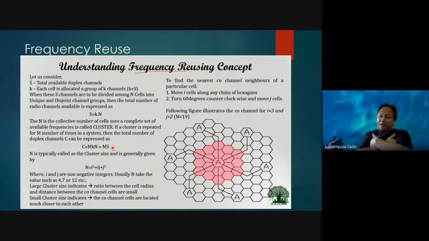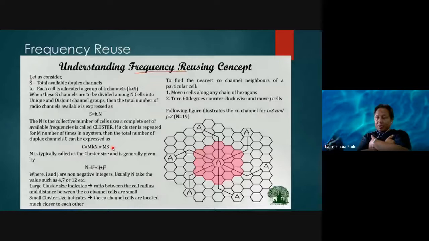A larger cluster size indicates that the ratio between the cell radius and the distance between co-channel cells is small. Co-channel cells means replicas, the reuse of the frequency in different cells. A small cluster size indicates the co-channel cells are located much closer to each other.